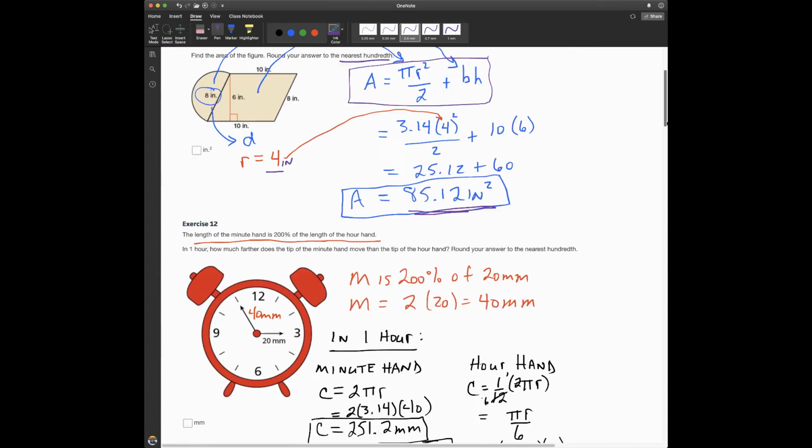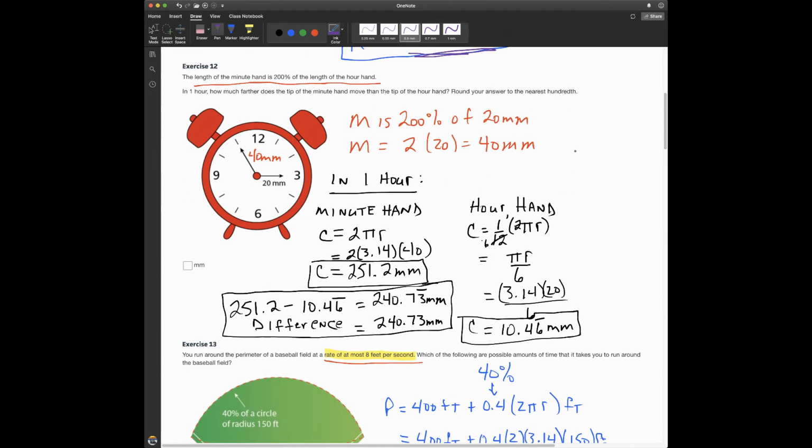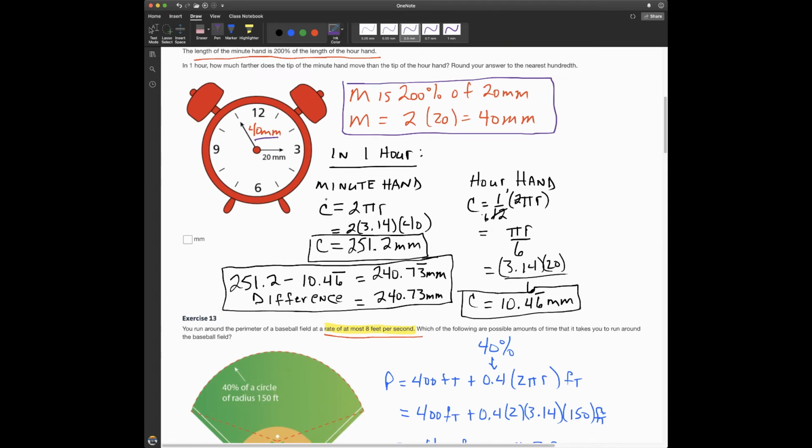For the next problem, the clock problem, first I have to figure out what is the length of the minute hand. So I do that work up here. And then I look at, well, in 1 hour, the minute hand travels all the way around the clock. So I just find the circumference of a circle with a radius of 40 millimeters, and I get an answer. The hour hand only travels 1/12 of an hour, or 1/12 of the distance around the clock.